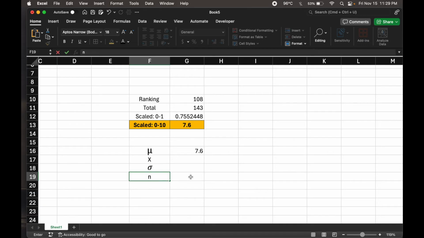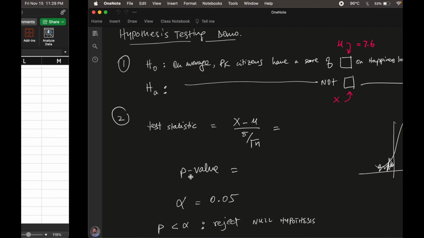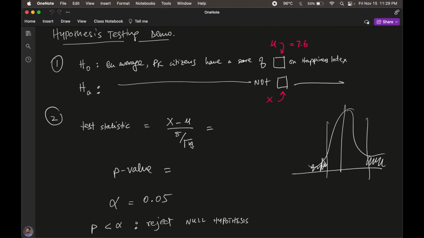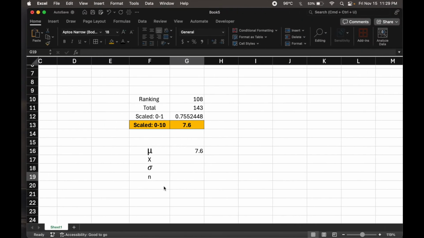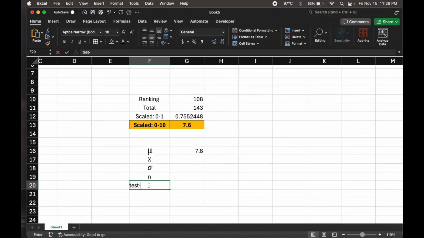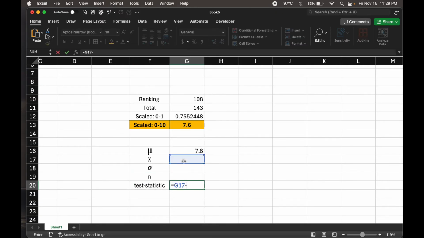I need n, the number of respondents, and that should give me my test statistic. Right, so let's just call it test stat, and this is actually going to be x minus mu, and I will be careful putting in the brackets right here. Yeah, x minus mu over sigma over under root n, this number. Right, so that will give me my test statistic value.